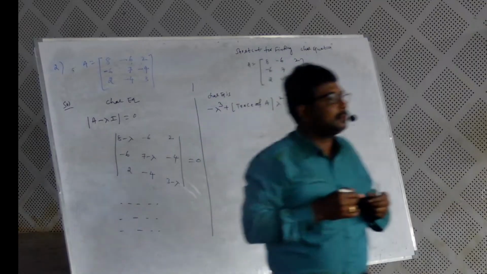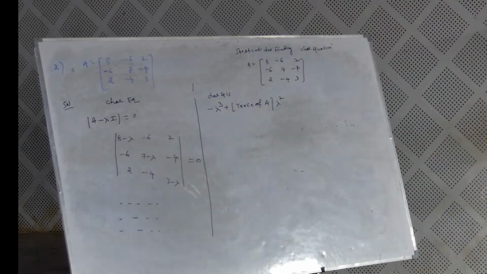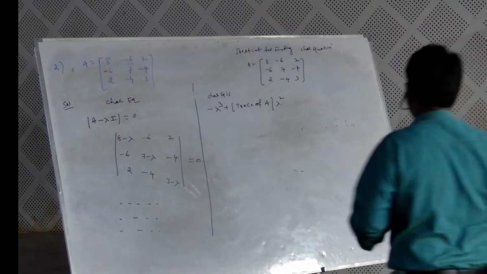What is the next term? Starting lambda cube, next lambda square, plus and minus are alternate. The starting term contains minus, the second term will contain plus, the third term will contain minus. What is the third term?